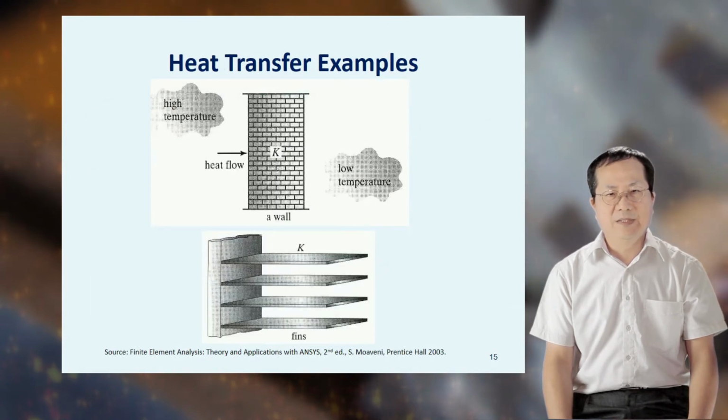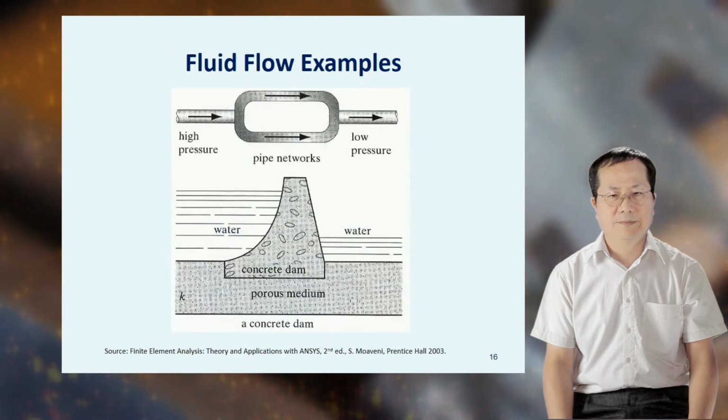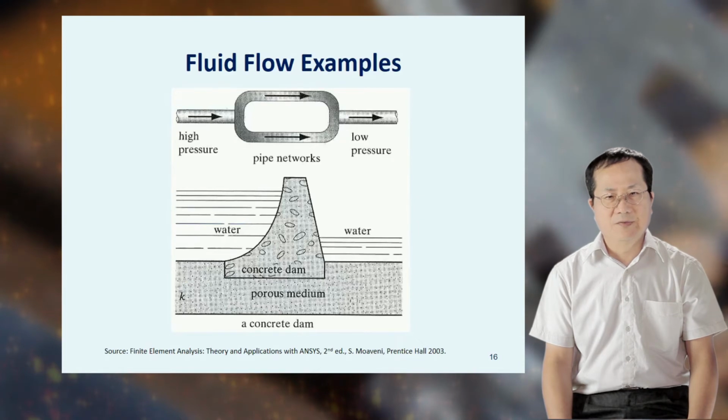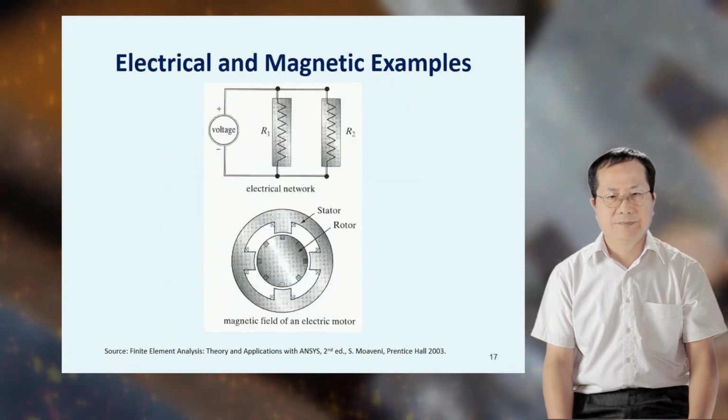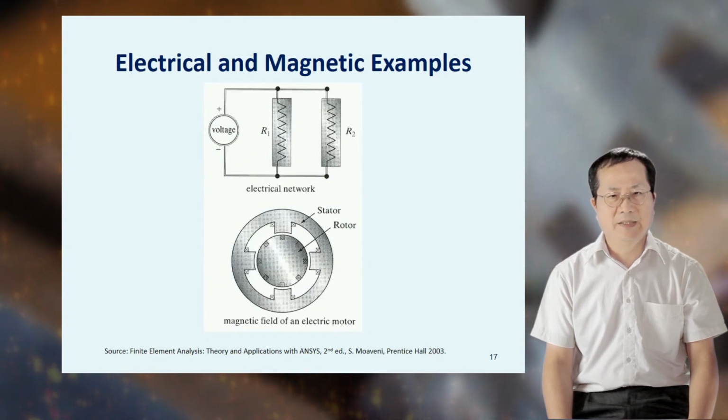Next, we define thermal conductivity and thickness in heat transfer examples. And we define viscosity and roughness in fluid flow examples. Last, we define resistance and permeability in electrical and magnetic examples.